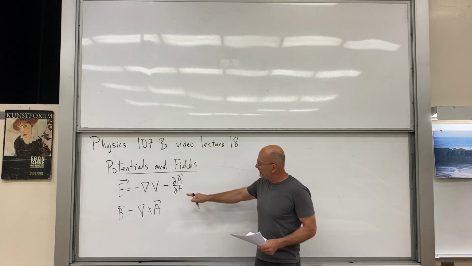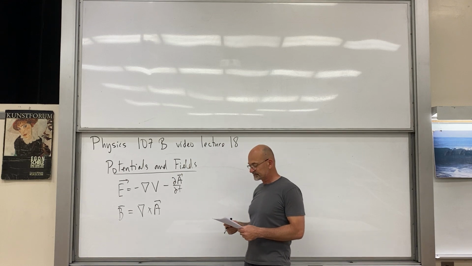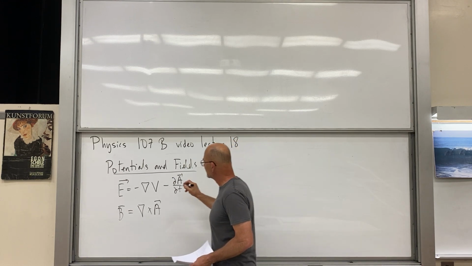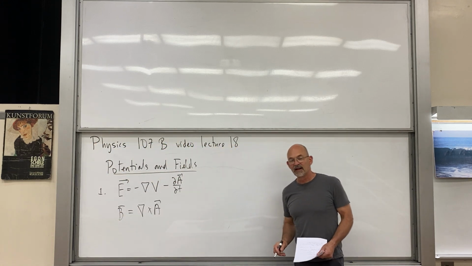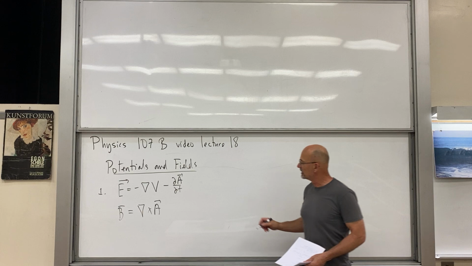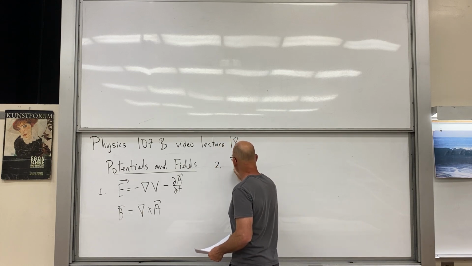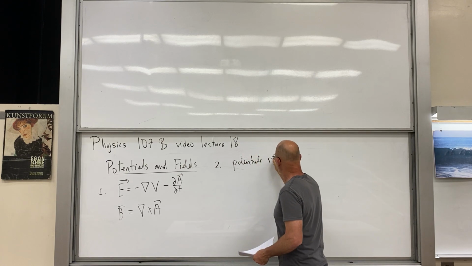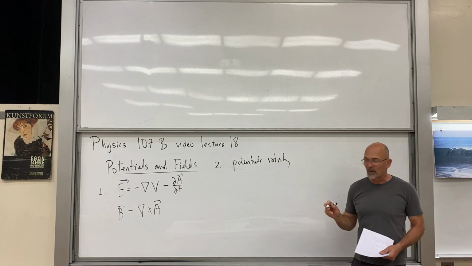And then the question was, how do we get the vector potential and the scalar potential? Well, these potentials satisfy a wave equation. That is an inhomogeneous wave equation.